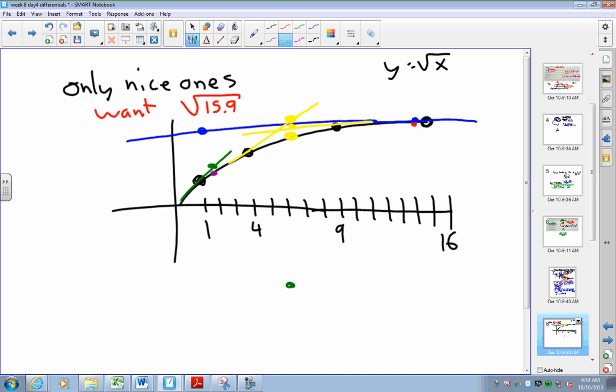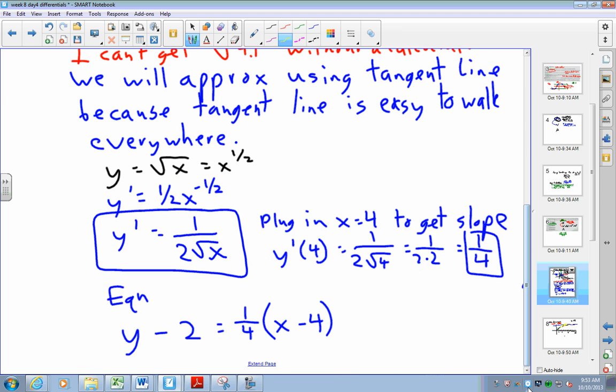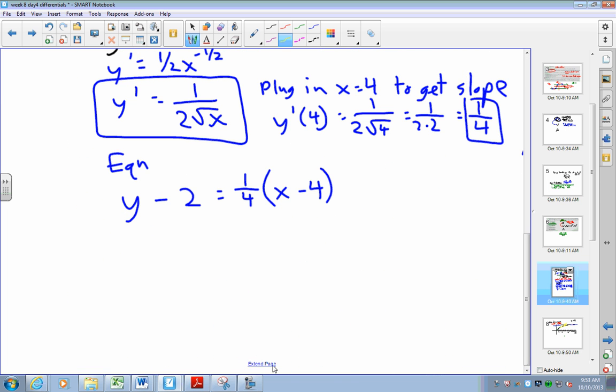Okay, let's go back. So, there's my line. I really wanted square root of 4.1. Can you get that without a calculator?